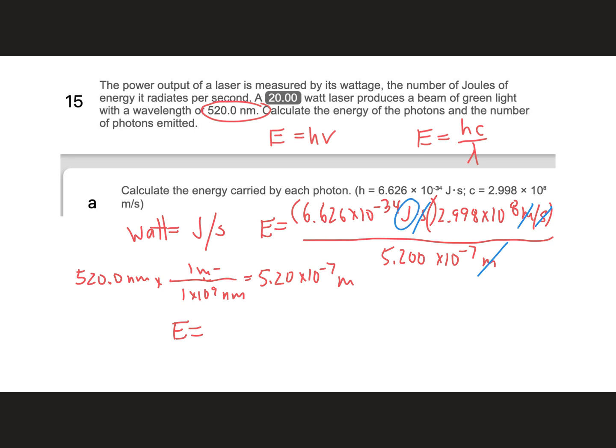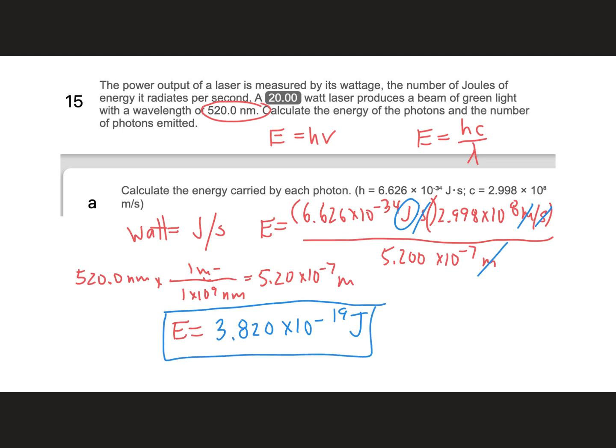So our energy should be approximately 3.820 times 10 to the minus 19 joules. That's the energy of one photon; one photon carries that much energy. We need this information to answer the next question, part B.